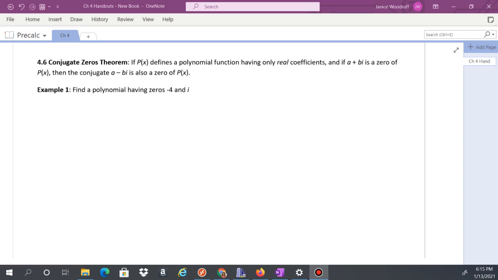Same thing with i's and radicals, they come in pairs. That's the technical definition, but really what it's saying is that i and square root come in pairs. Okay, so you have a plus and a minus.